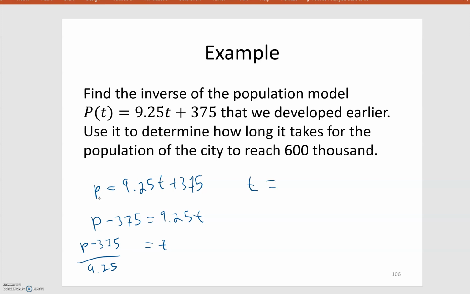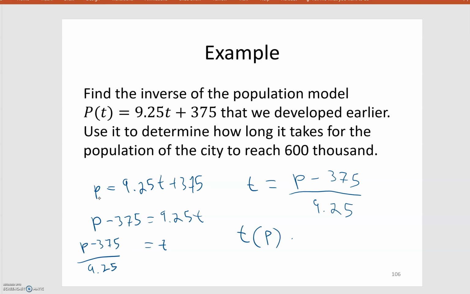Let me turn it around. So I can always just kind of flip this. Now I have t written as a function of P. And that's my inverse function. So now I can put in a population and get out a time.